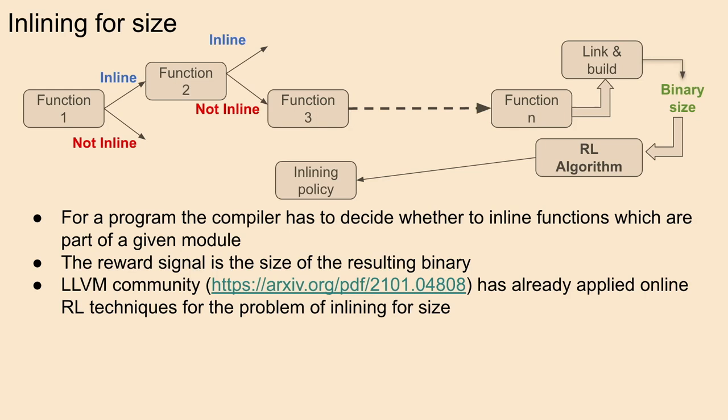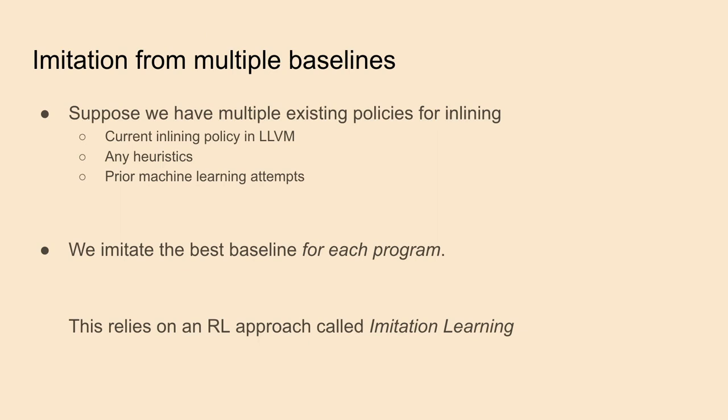This type of learning has already been applied for compiler optimization, specifically inlining for size by the LLVM community. Our approach, instead, is based on imitation learning and works in the following way. We assume that we have a set of baseline policies. These baseline policies can be anything. They can be handcrafted heuristic policies designed by the compiler experts.